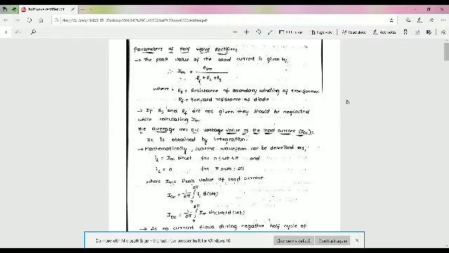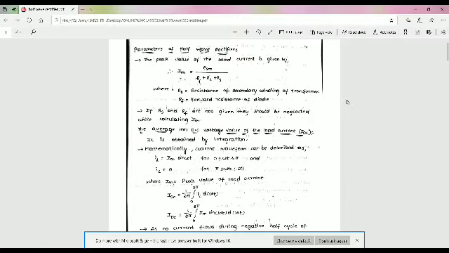Last class we discussed the peak value of the load current. Current equals voltage by resistance. In this case, Im equals ESM, the secondary voltage, divided by RF plus RL plus RS.